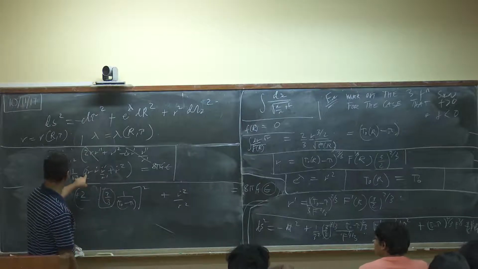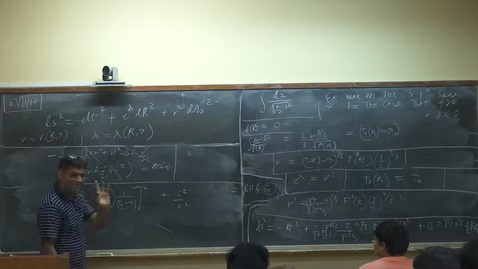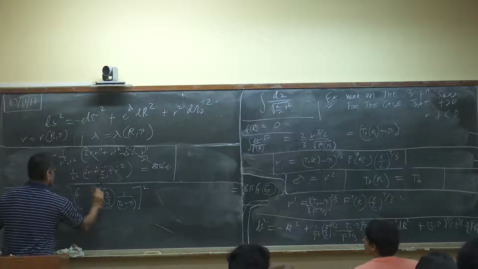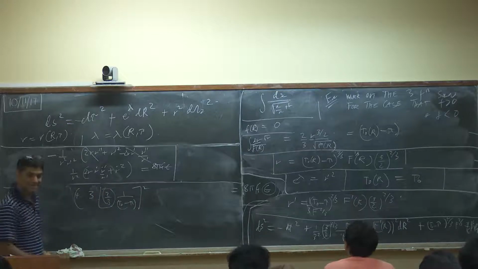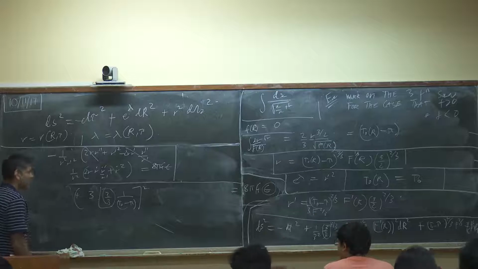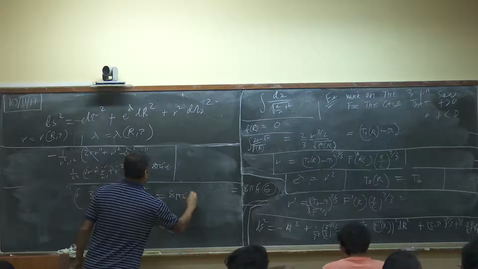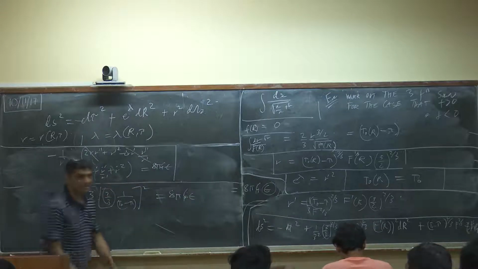The only difference was this factor of 2 was there, so it becomes a factor of 3. So we get 3 into this. Okay, so this 8 pi G epsilon is equal to this quantity.